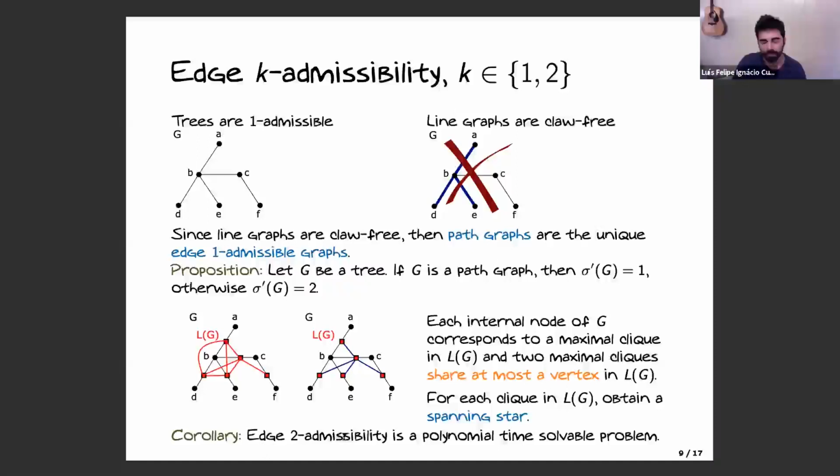Then consider the problem for line graphs. If I give you a line graph and ask whether it is edge 2 admissible, a 2 spanner, then it's exactly asking if a line graph is 2 admissible, which you already know is a polynomial time solvable problem.